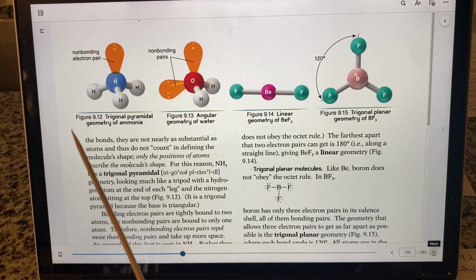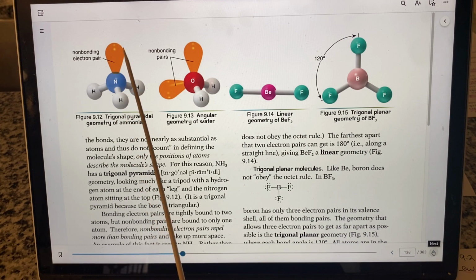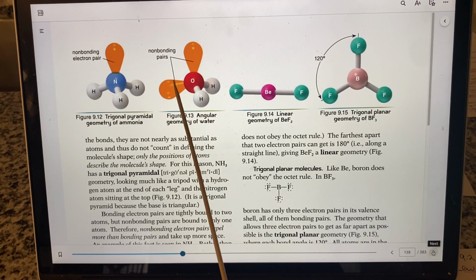This picture here is of another type of shape. Now, don't look at these orange ones. All they are is the non-bonding electron pair and that strength. These two orange things are just forces.